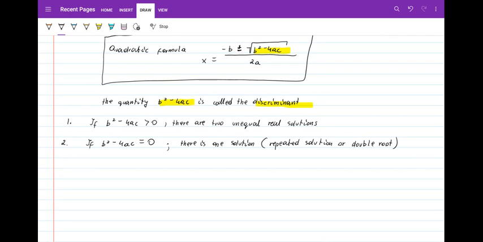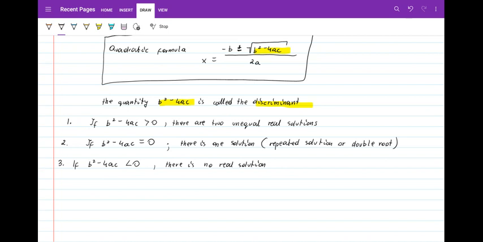Okay. Now the third property of the discriminant: if the discriminant b squared minus 4ac is less than 0, there is no real solution. So there's no real solution.